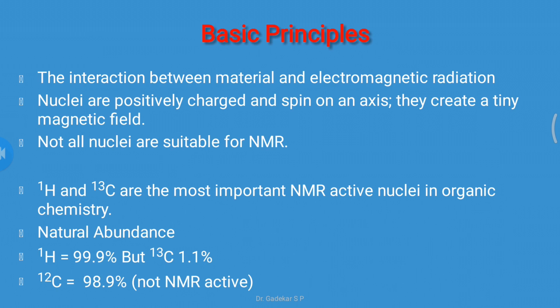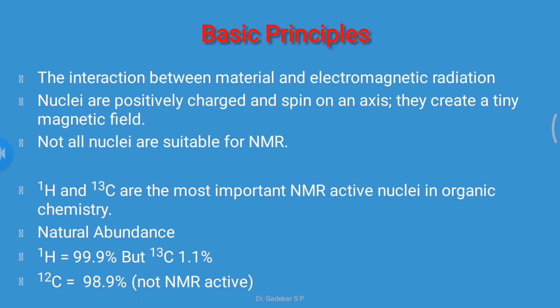H1 has 99.9% natural abundance, but C13 has only about 1.1% natural abundance, which is very low. In H1 NMR, the high natural abundance of 99.9% and NMR activity make it useful.